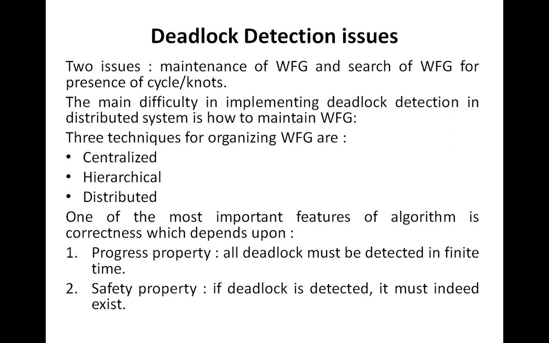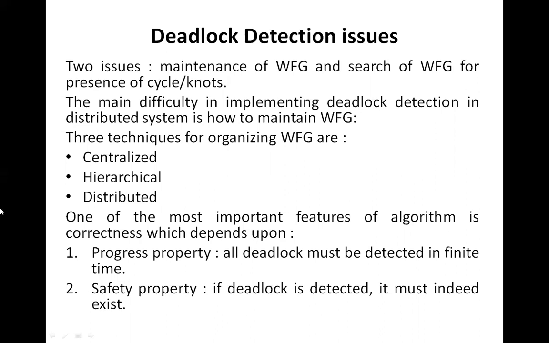Depending upon the manner in which the WFG information is maintained, as well as the search of the cycle is carried out, we have three kinds of algorithm: centralized, hierarchical, and distributed for the deadlock detection in the distributed system.